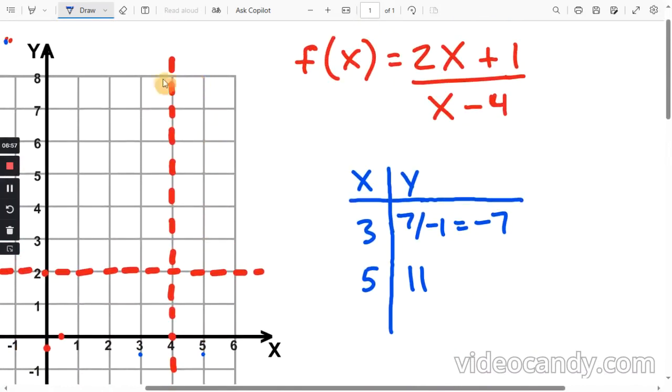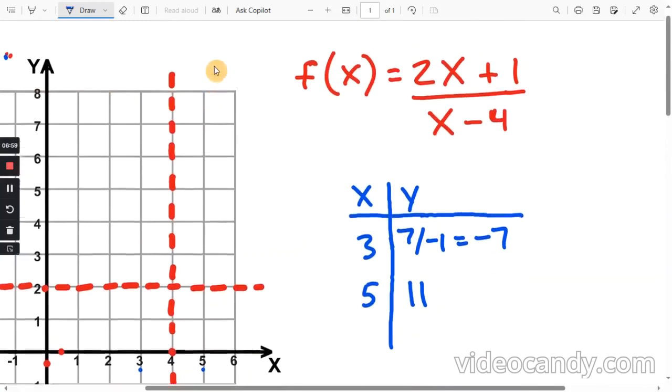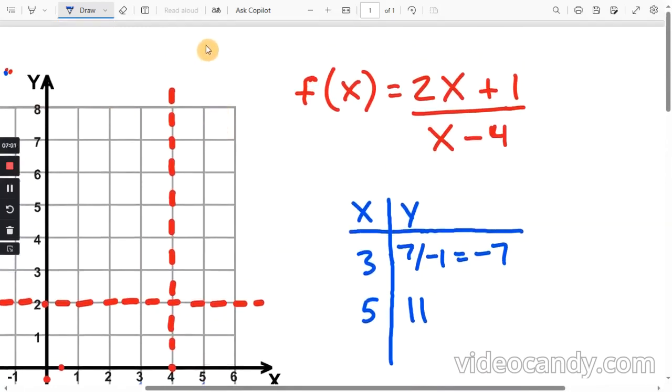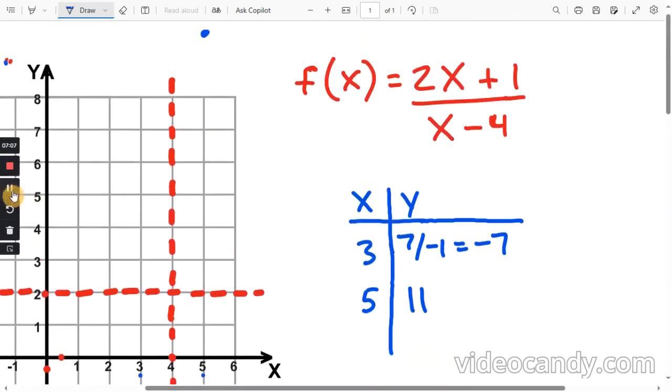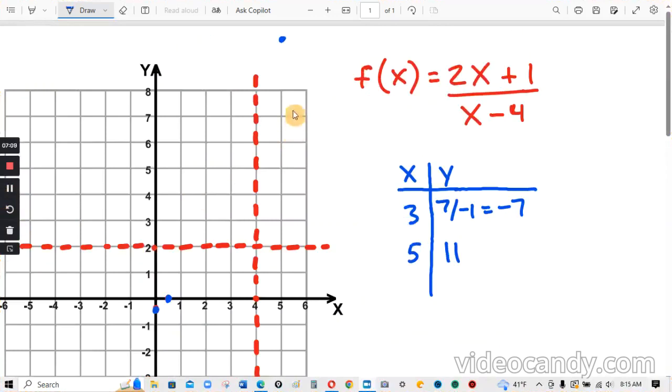So at the 5, here's 8. The 11 would be like way up here. All right. So let's see what we have. All right, this is a tough one. Let's plot large values of x for the horizontal asymptote like they said. Let's see.